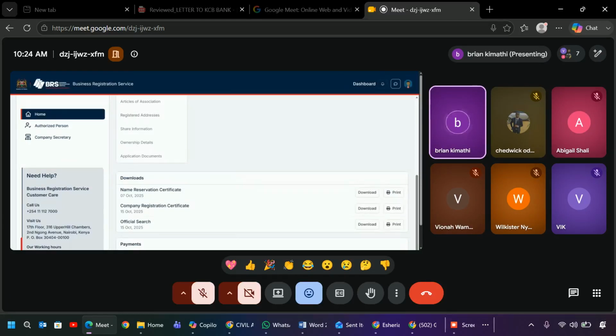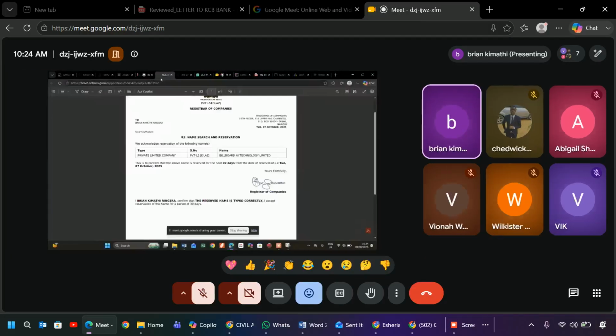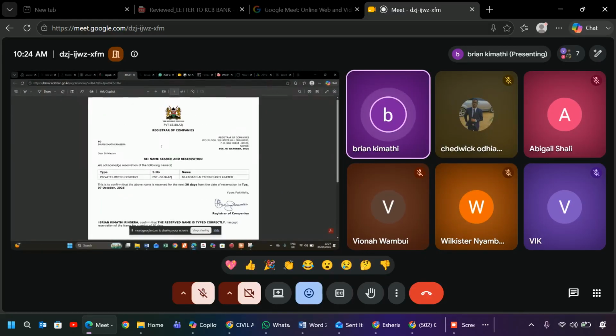Then that's the name reservation certificate. Yes, this is the name reservation certificate. The Register of Companies writes you a letter telling you we acknowledge reservation of the following names for a private limited company.